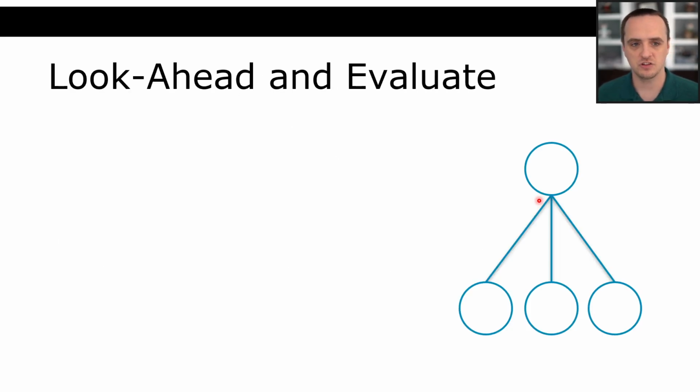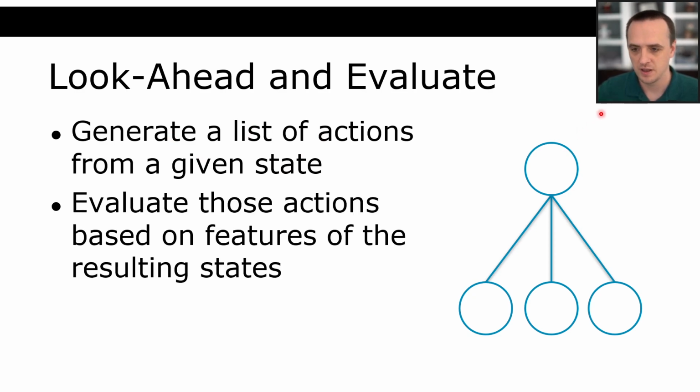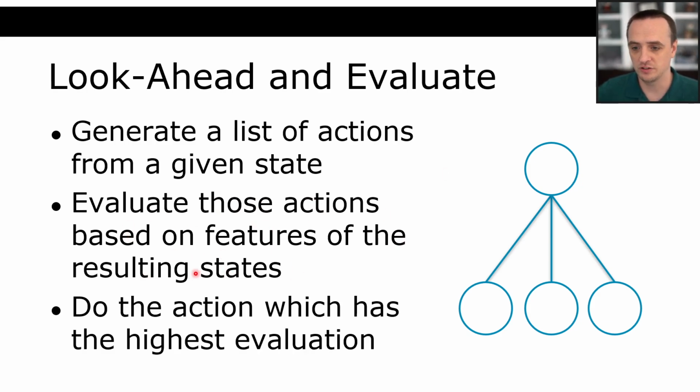Okay? So this is what this looks like. If I'm at a current state of the game, I'm going to generate a list of actions from that given state of the game. Then I'm going to evaluate those actions based on the features of the resulting state. And then I'm going to do the action which has the highest evaluation.